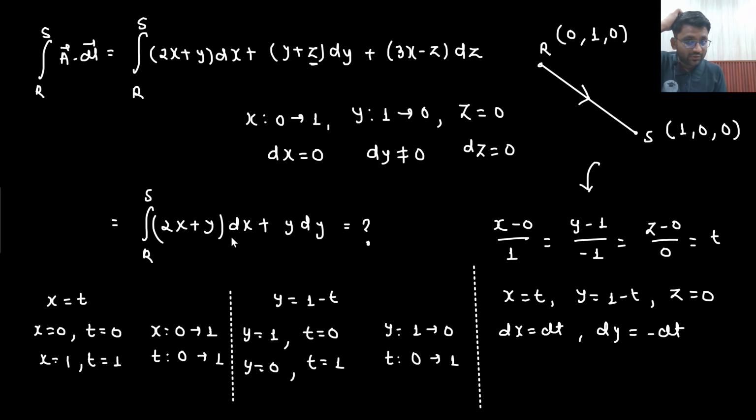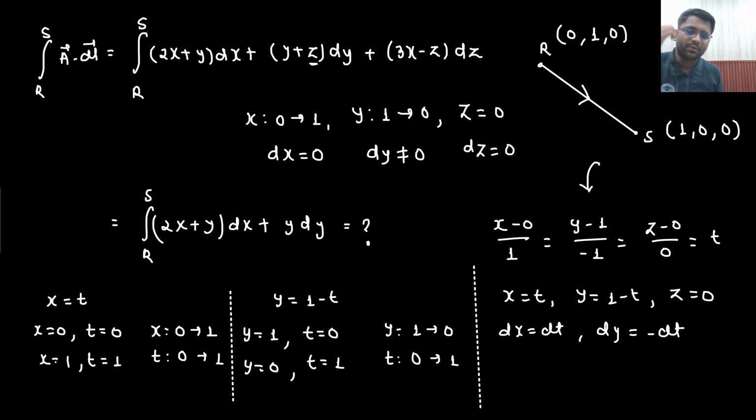So from r to s, you are going to replace your integral now. X will be t, y will be 1 minus t. And what is dx? Dx is dt.